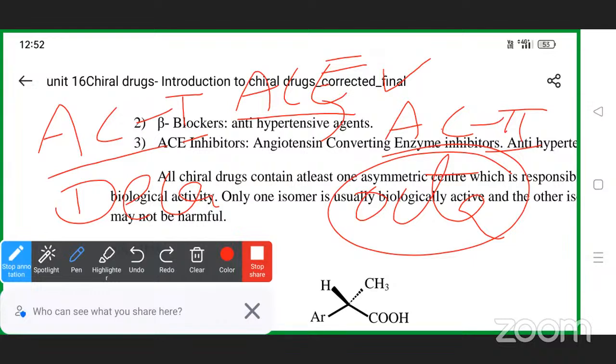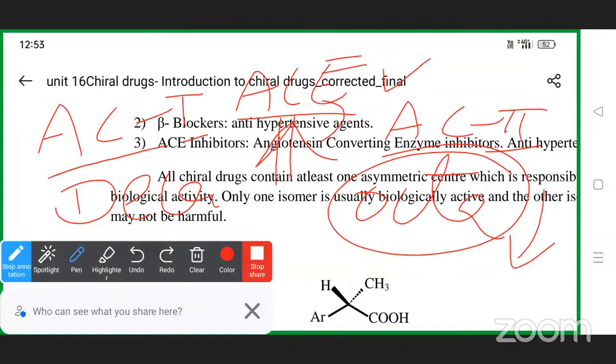In case this angiotensin converting enzyme gets overactivated, overstimulated, due to our lifestyle or other factors, more conversion to angiotensin 2 takes place, leading to the development of high blood pressure.